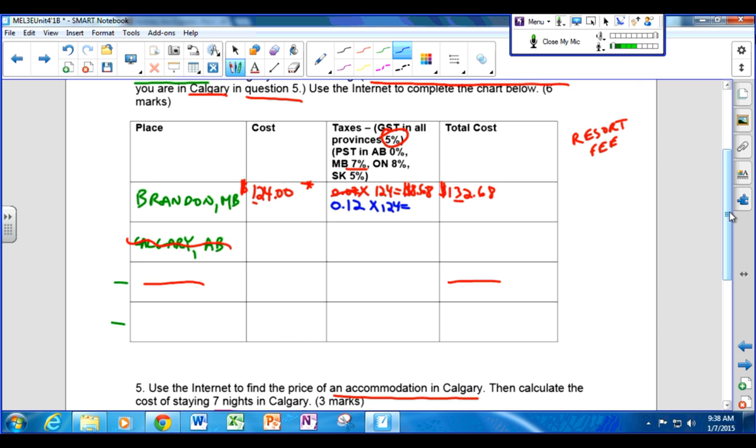What I did was, because they broke it down in GST and PST rather than HST, which is what I'm used to, I just kind of goofed a little bit, but I caught it, so we're good. So now it's plus $124, $138.88. Okay. So I got that fixed. All right.